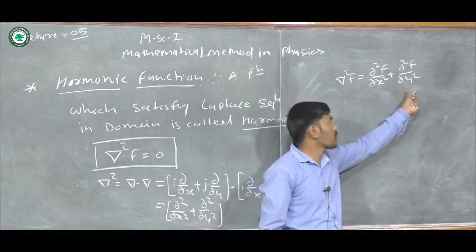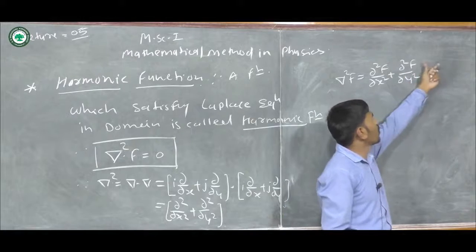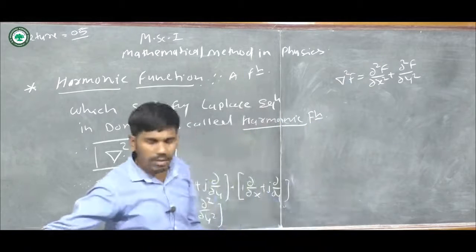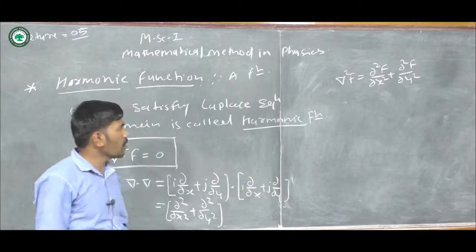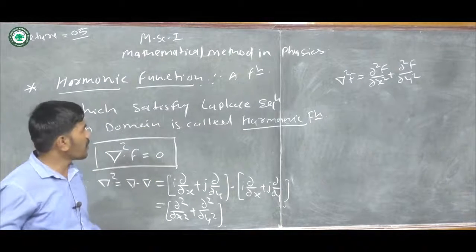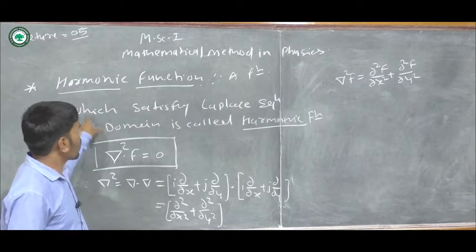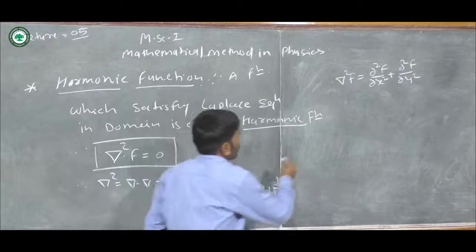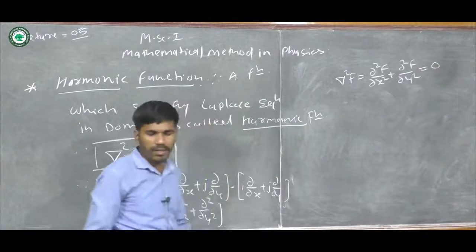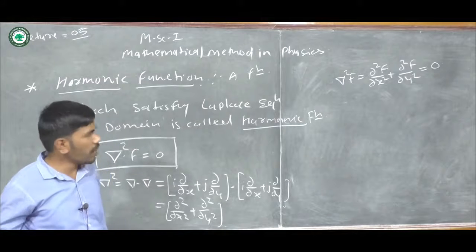If it is three variables, then plus dou square f by dou z square. This is the expression for the Laplacian equation, and if this is equal to 0, if this condition is satisfied by the function, we can call this function a harmonic function.